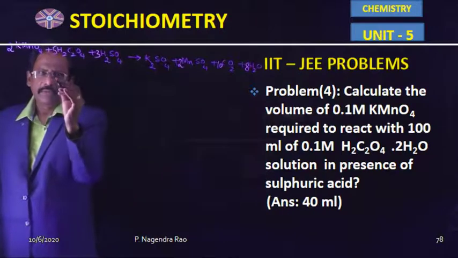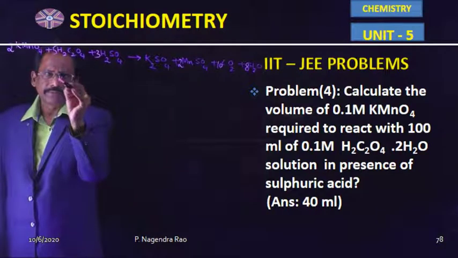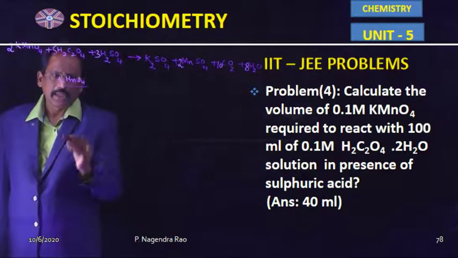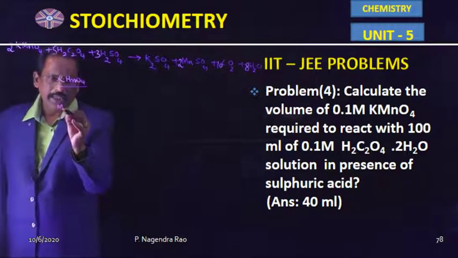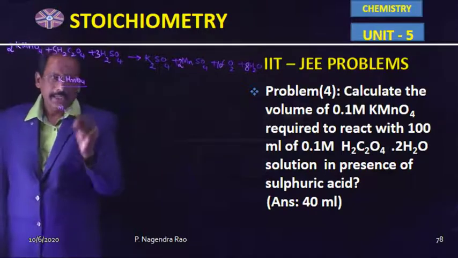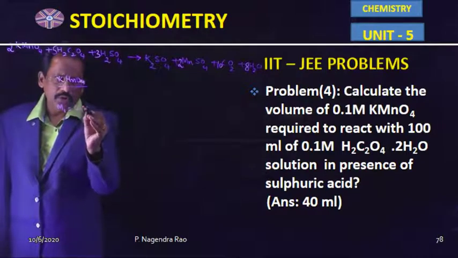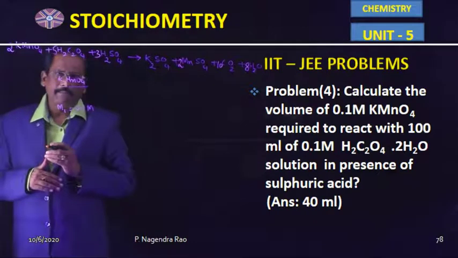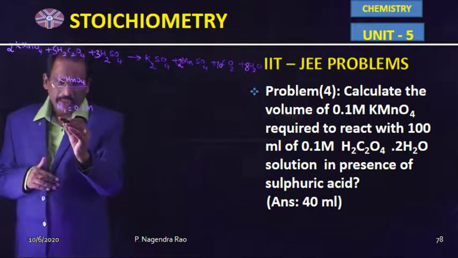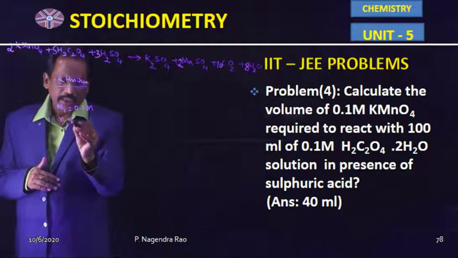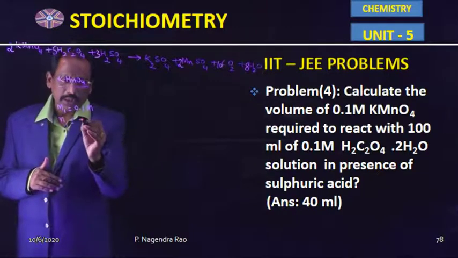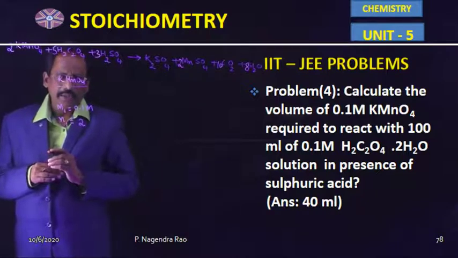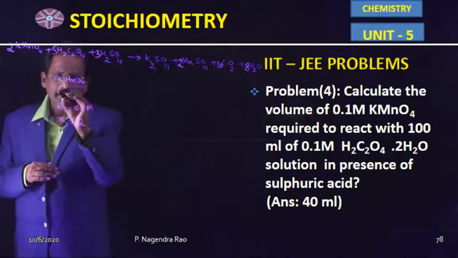For KMnO4 solution, molarity M1 is given, which is equal to 0.1 molar, and the number of moles of KMnO4 is equal to 2 according to this chemical equation.